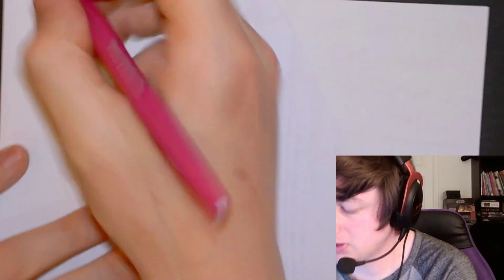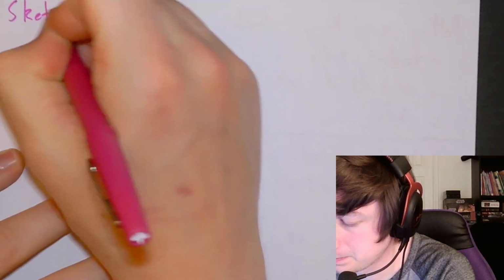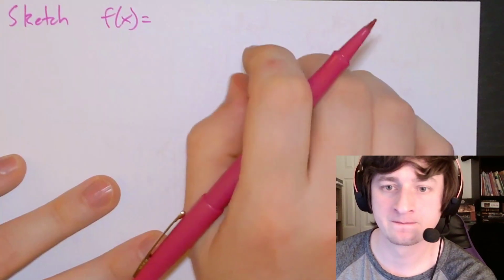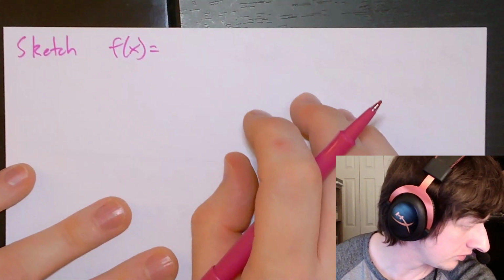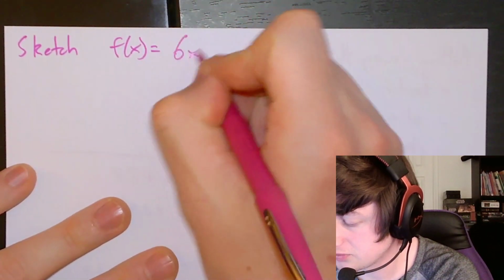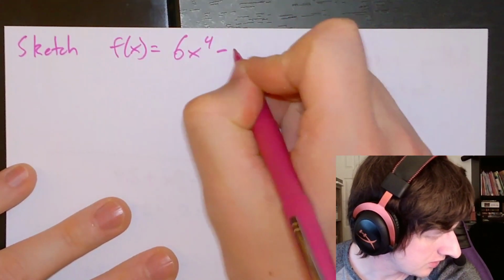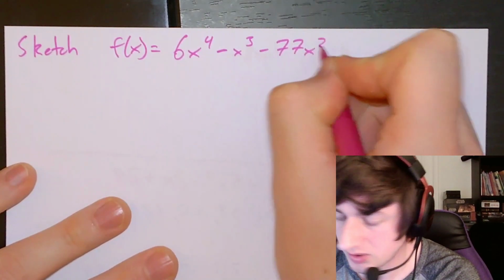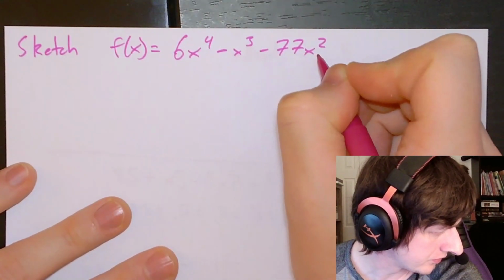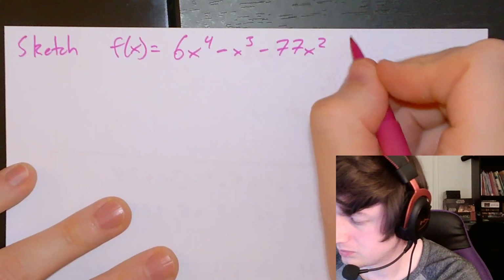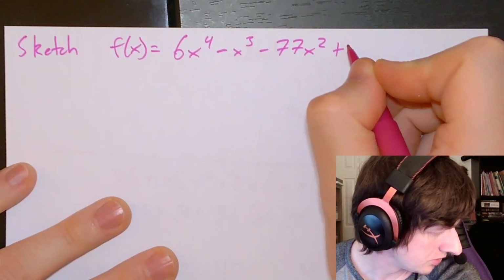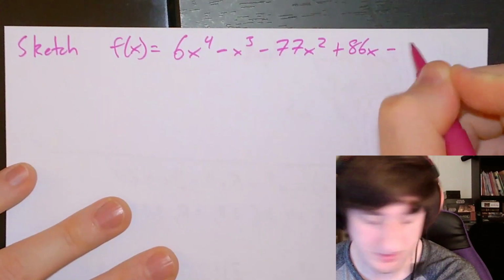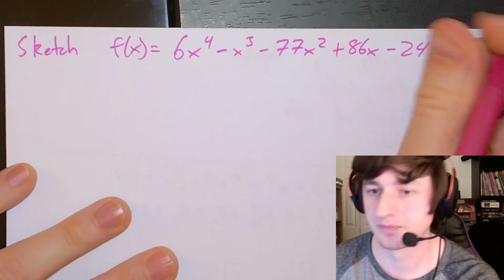So, sketch. f of x is 6x to the fourth minus x cubed minus 77x squared plus 86x minus 24.